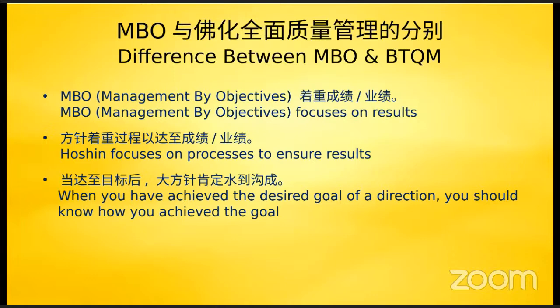But what is the difference? The difference is that many companies that focus on the result will have managers that will manipulate the numbers. So they will attain the result by unscrupulous means. And for many American companies, this is quite common practice.